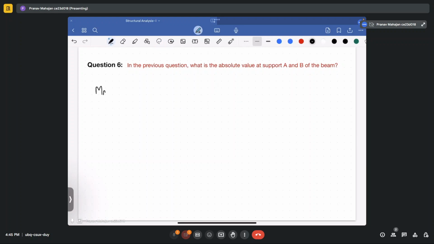Your MAB is equal to minus 25.6 plus 0.5 EI theta B. So substitute the value of EI theta B, which you have calculated as minus 0.51. You will get MAB equal to minus 25.855 kilonewton meter.